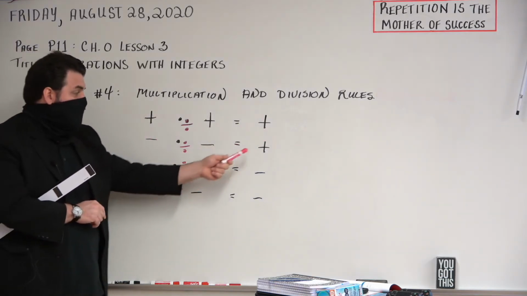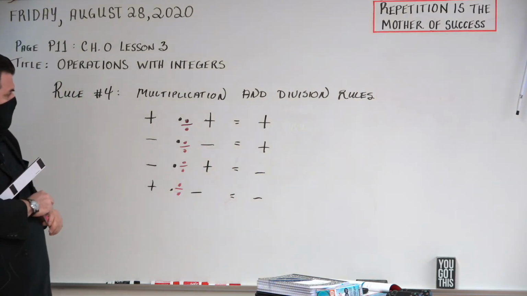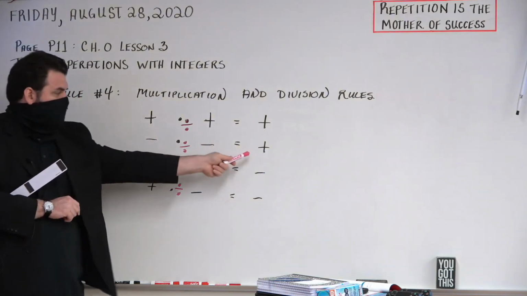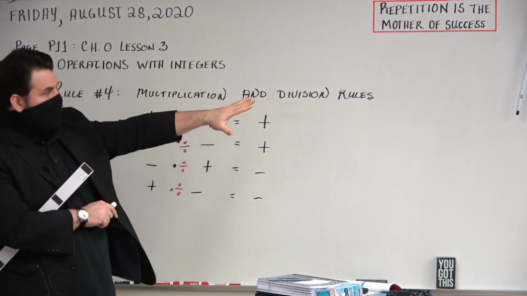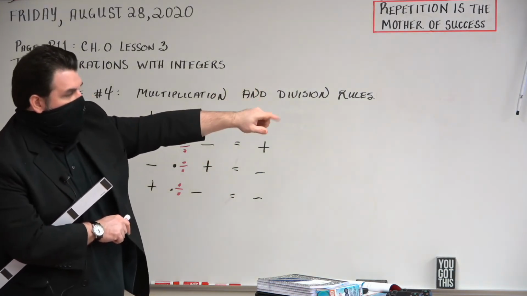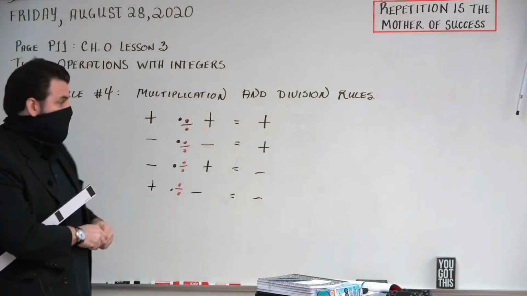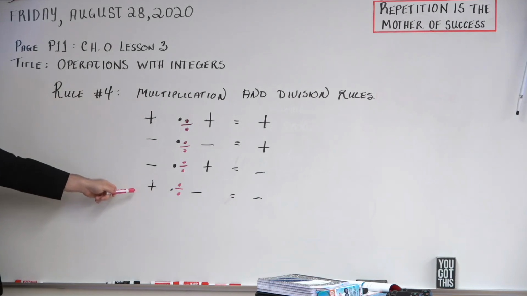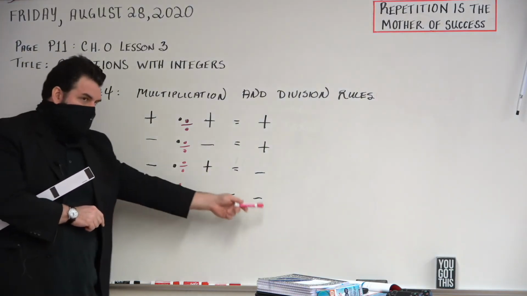Negative divided by a negative always gets you a positive. This one confuses people. A negative divided by a negative gives you a positive. One of the problems here is negative 64 divided by negative 8. The answer is positive 8. Okay? And then a negative divided by a positive is a negative. Positive divided by a negative is a negative.